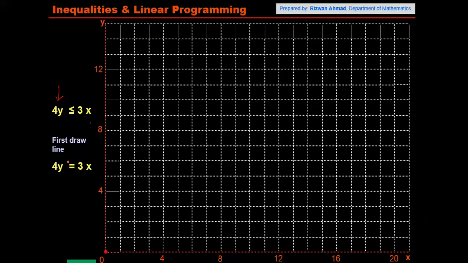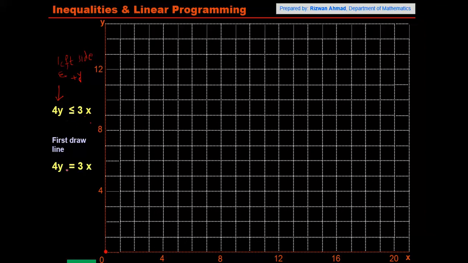So it must be on the left side, and there should be a positive sign with this left side. Y must be positive. Okay, if it is not, then first we will do this and then we will see what is the wanted and what is unwanted region.